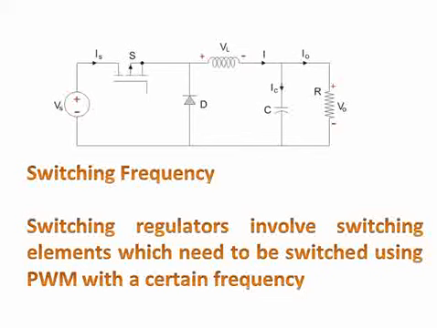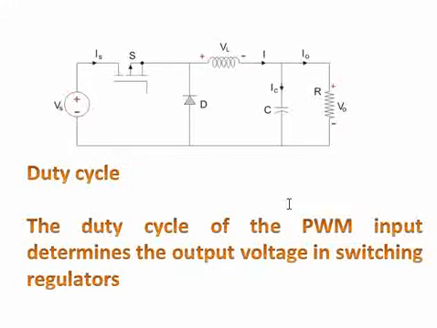Now, when we talk about PWM, we mentioned that we will be providing PWM to the switch. For a PWM, the important parameters are frequency and duty cycle. We said the frequency is a constant, and we will be providing a particular switching frequency to this MOSFET. But to determine the output of this switching regulator, we will be varying the duty cycle.